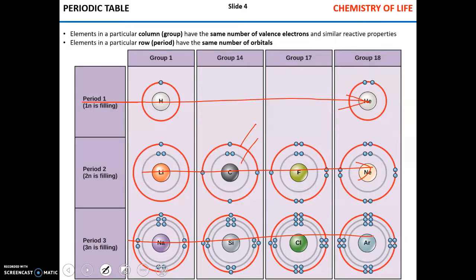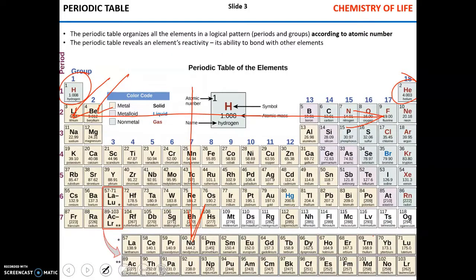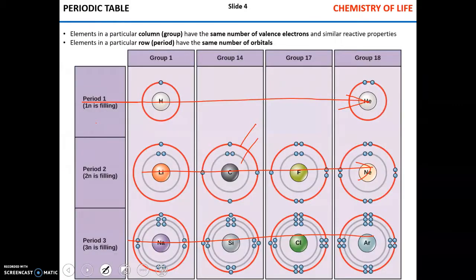For instance, valence electrons of, well, it's sodium, since they are more reactive than valence electrons of magnesium.